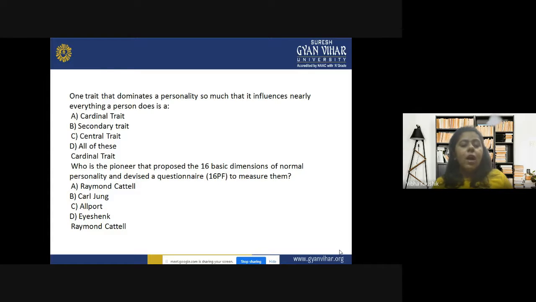Now, the options are A. Raymond Cattell, B. Carl Jung, C. Allport, or D. Einstein. So, students, these are the options A, B, C, D. Now, you have to select the correct answer on the basis of the given choices, and the correct answer will be option A, that is Raymond Cattell.